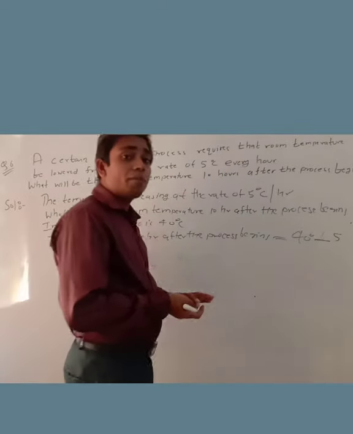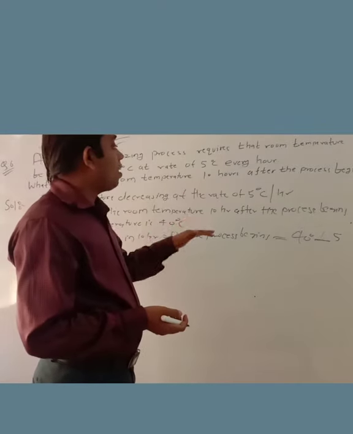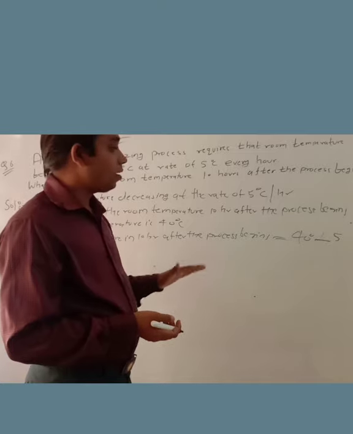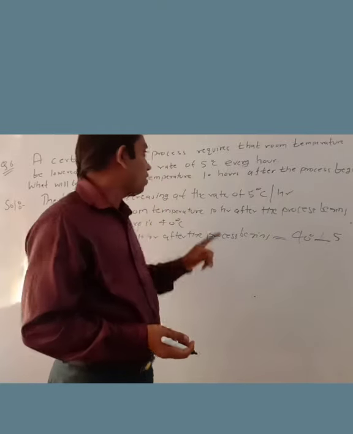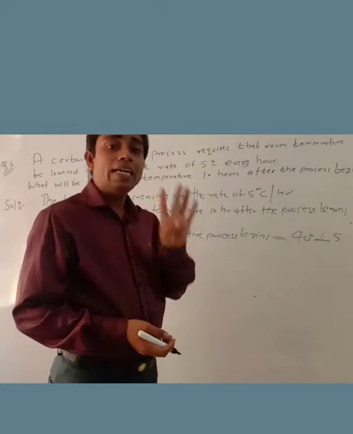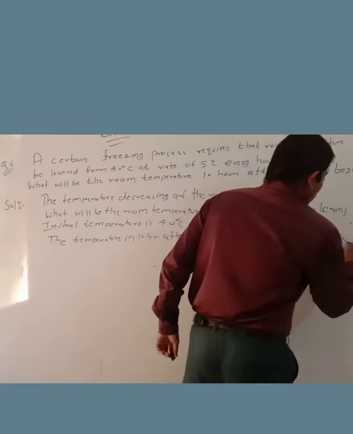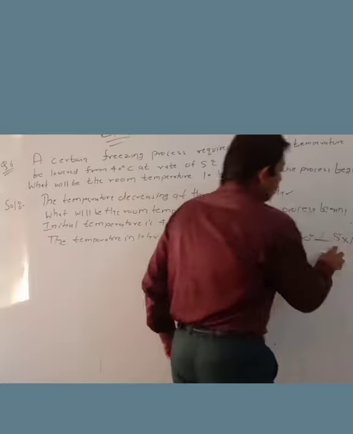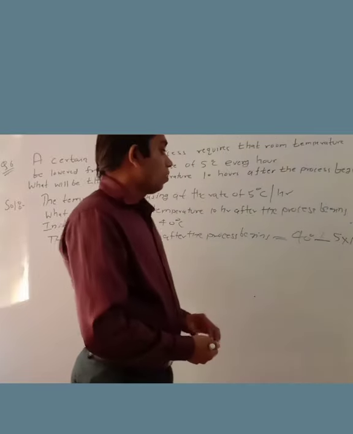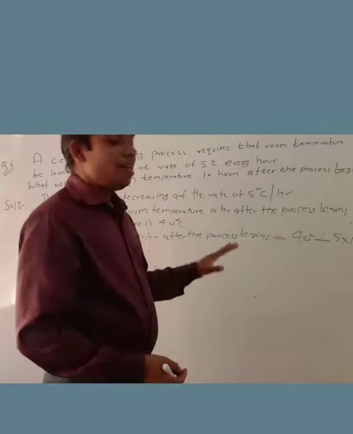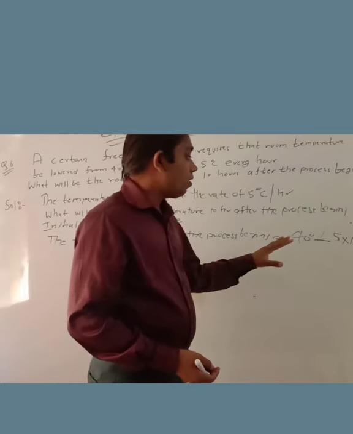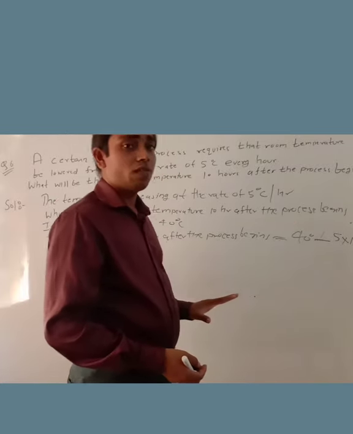So what will be the temperature in 10 hours after the process begins? Definitely if for 1 hour the temperature decreases by 5 degrees Celsius, in 10 hours the temperature will decrease by 5 into 10, so the total will decrease by 5 times 10 is 50. So in 10 hours the temperature decreases by 50 degrees Celsius, my dear student.